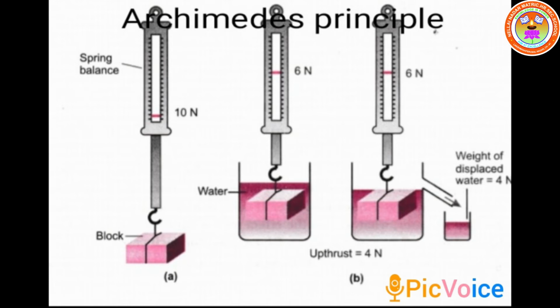How much weight does it lose? Previously, the object's weight in air was 10 N. When the same object is completely immersed in a liquid, it loses some weight, which is 4 N. This is what I told you: when you immerse any object in the liquid, you feel a loss of weight. The same thing happened here also.